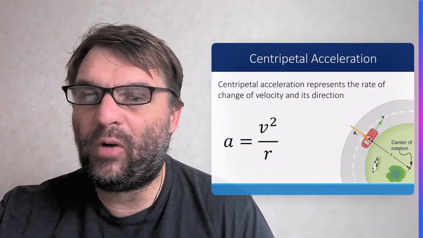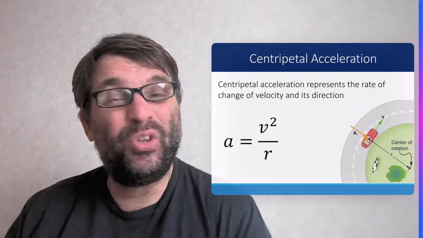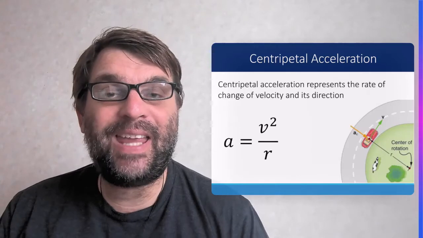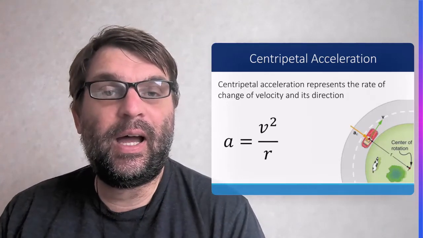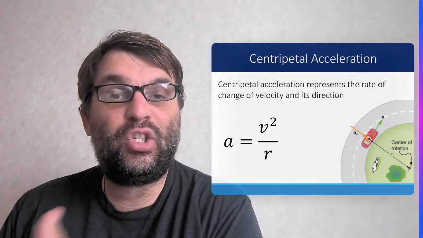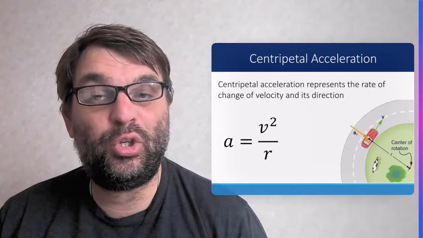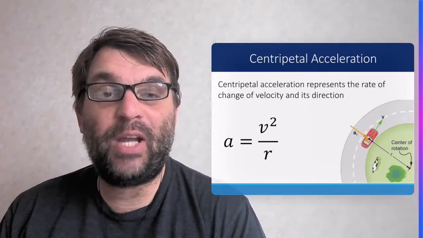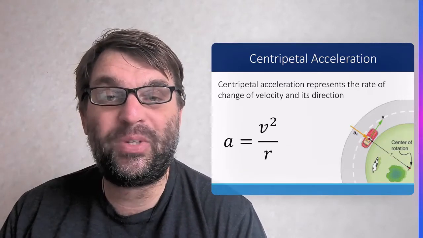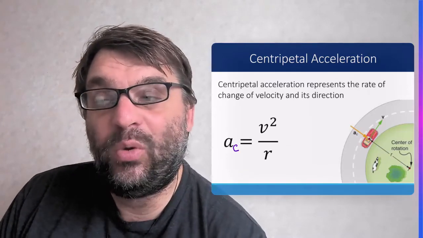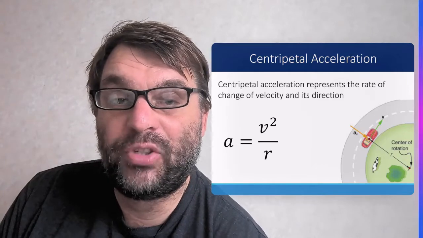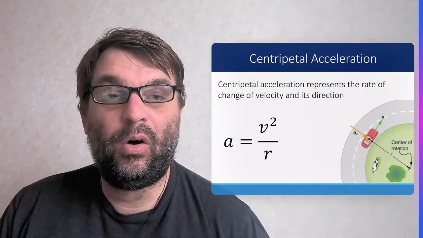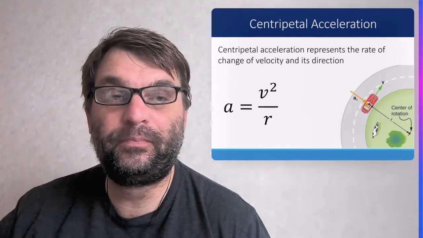In circular motion, we have the concept of centripetal acceleration. It's how fast there's a change of velocity with respect to the direction of the object. Centripetal acceleration, with the subscript c on the a, equals v squared divided by the radius from the center of rotation.